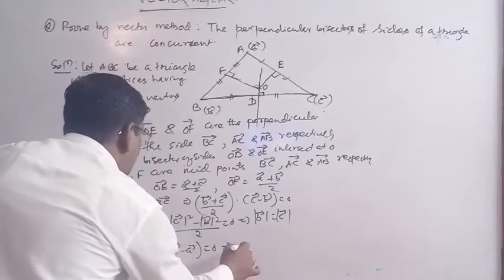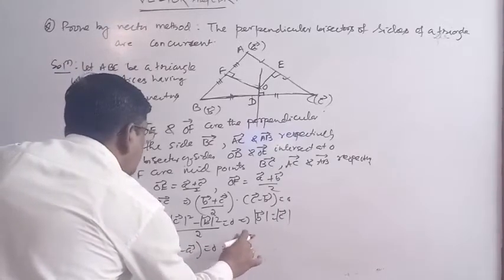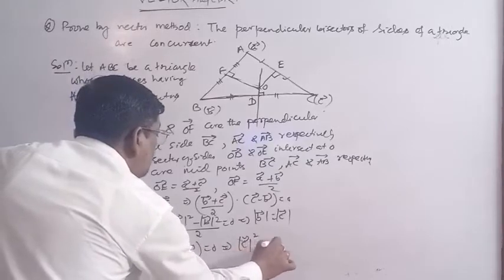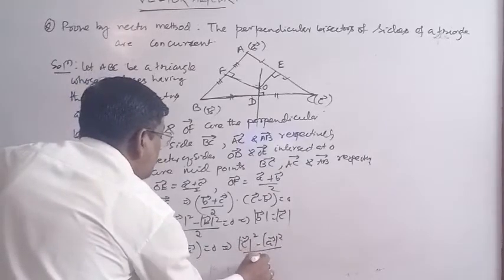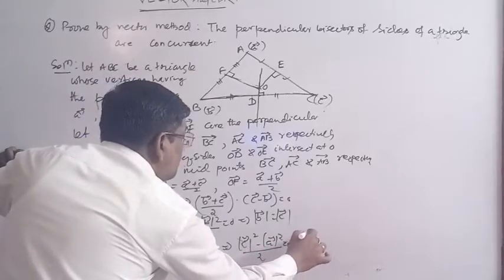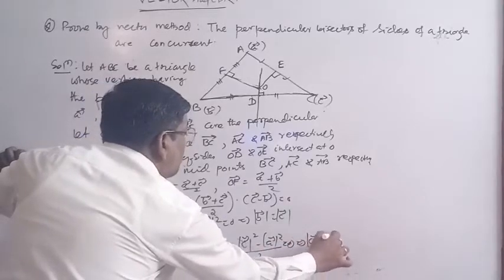That implies magnitude of C square minus magnitude of A square by 2 is equal to 0. That implies magnitude of C is equal to magnitude of A.